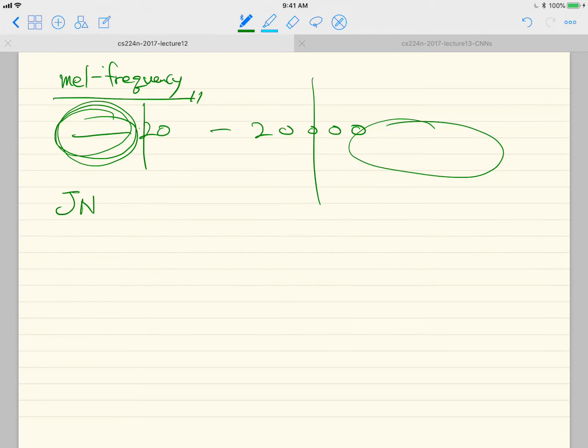There is some notion called JND. I'm not sure if it corresponds to the audible audio thing or to the ear thing, but it is called the just noticeable difference to humans.